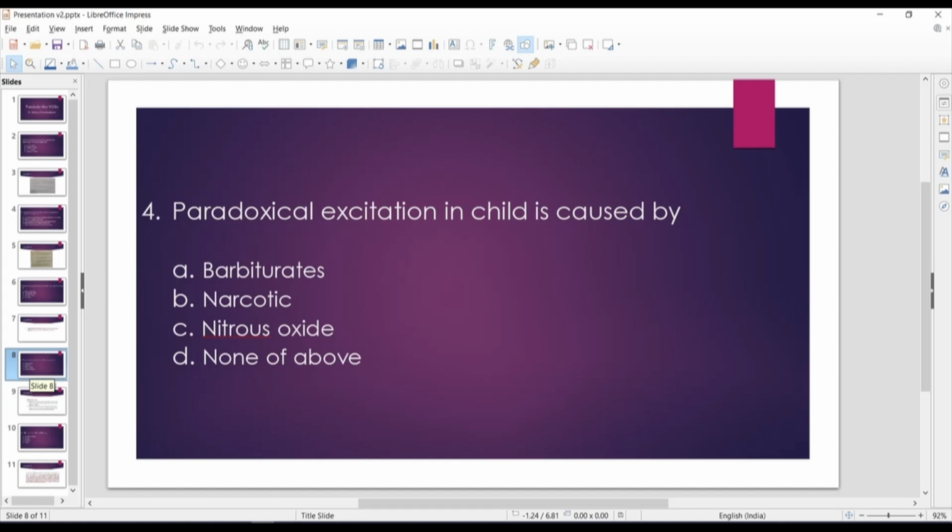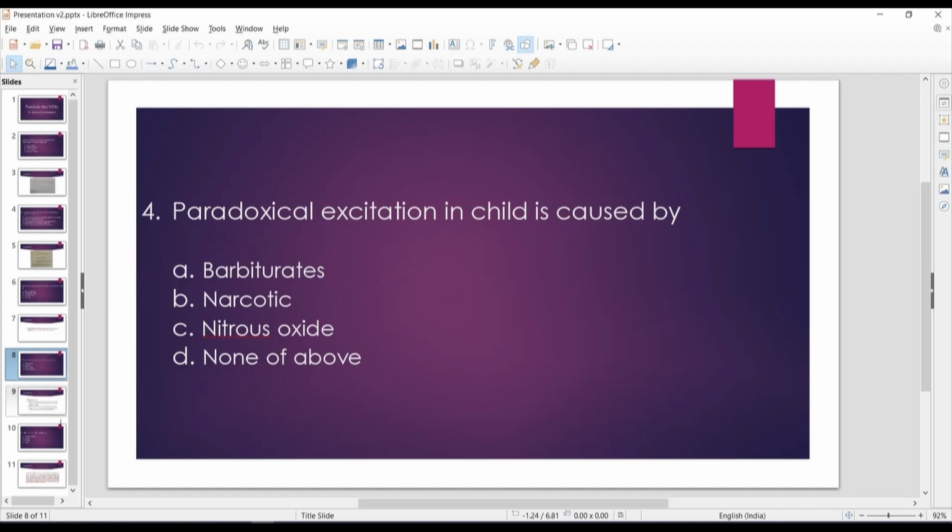So just make note of these two points. I'll repeat: barbiturates cause paradoxical excitation, diffusion hypoxia is caused by nitrous oxide, and dissociative type of anesthesia is caused by ketamine.